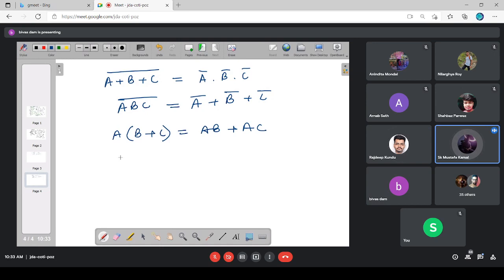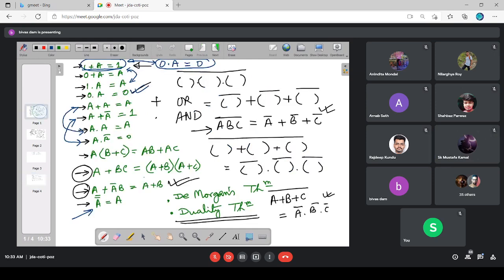A plus B dot C equals A plus B in a bracket whole into A plus C. Got it? Yes, sir. So this is the dual of this one.